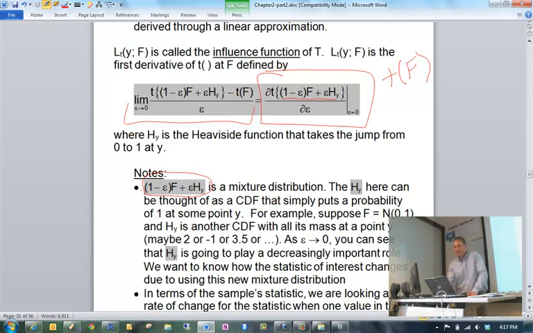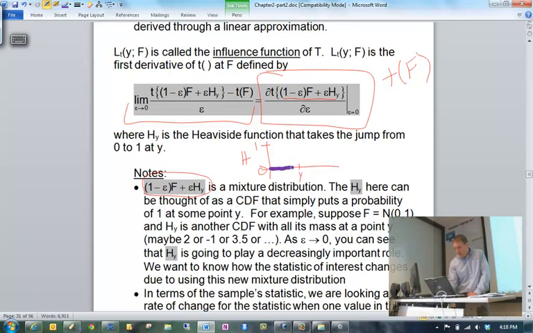We talked about the Heaviside function before. Here's 0, here's 1, here's my CDF, it's called H. And then as you go along the x-axis, once you hit a point y, what happens is the following.